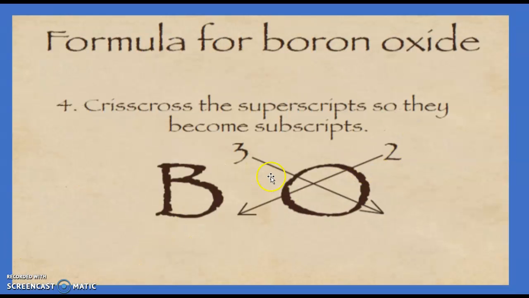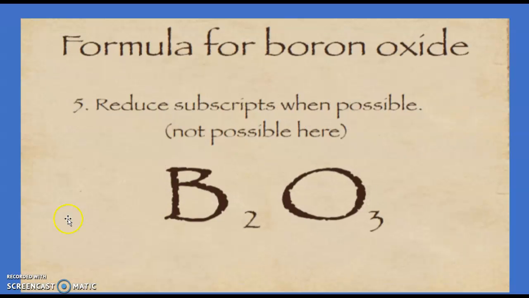Step 4, you just crisscross them. So you take that 3 that was by boron and move it behind oxygen. Take that 2 that was behind oxygen and move it behind boron. And this is your correct formula, B2O3. Now, if it was 2 of the same, like B2O2, then you would not write anything. You would just write BO. So you reduce whenever you can.